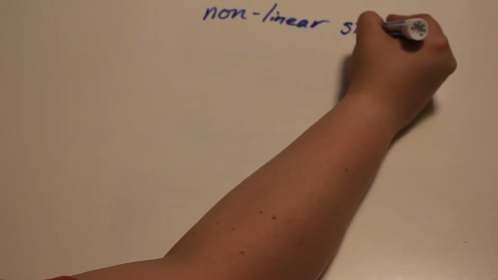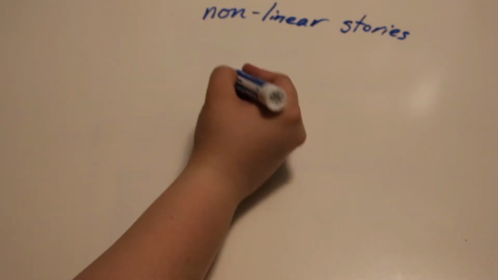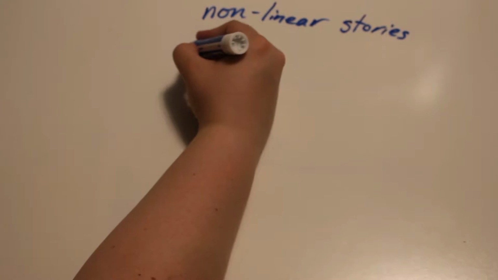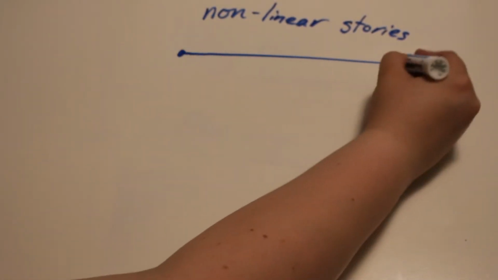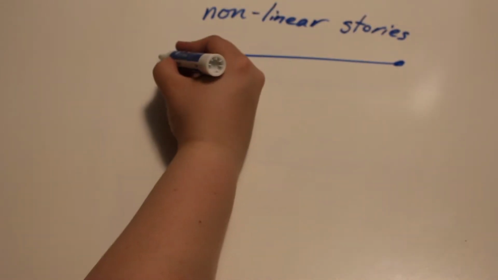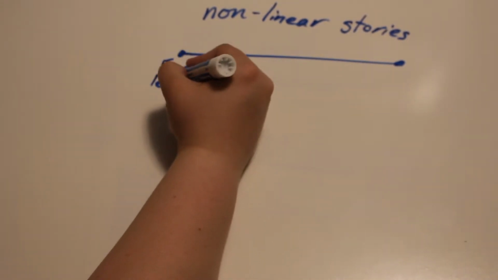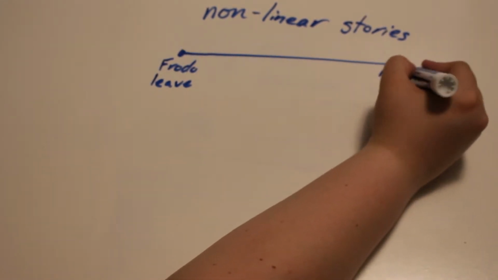nonlinear stories are stories that don't follow a timeline. So, I'm going to use The Lord of the Rings as an example because I like Tolkien. You start here, you end here. Frodo leaves, ring destroyed.